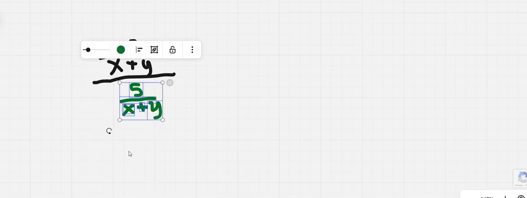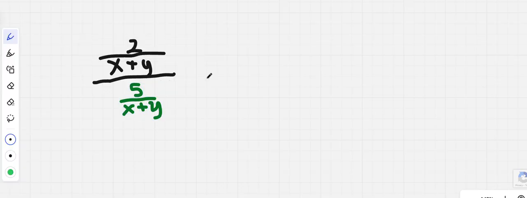Let's change the color of this one so we can see. So now we're going to rewrite this as 2 over x plus y divided by 5 over x plus y.